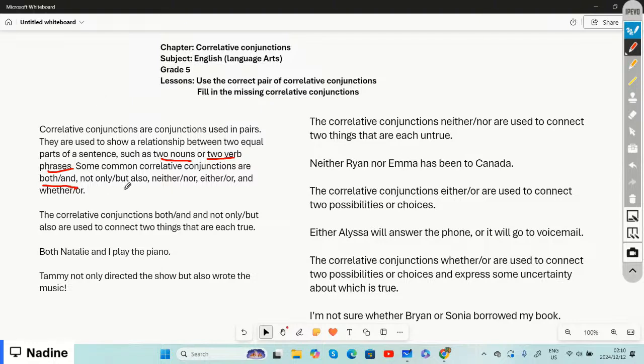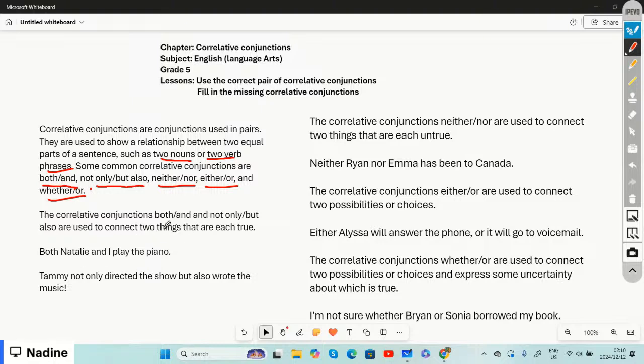So both or and, not only but also, neither nor, either or, and whether or. Those are our common correlative conjunctions. If we look at the correlative conjunction both or and, we're going to see what it really means and look at examples.